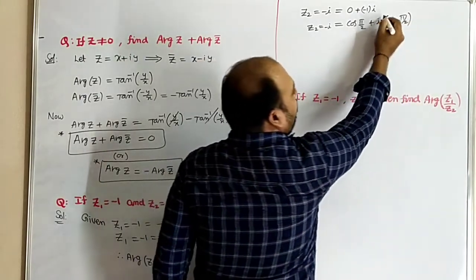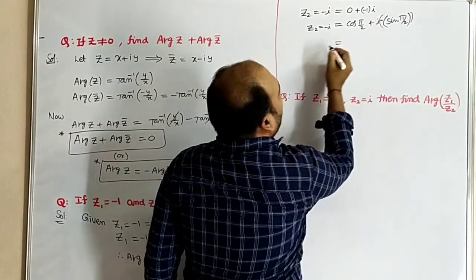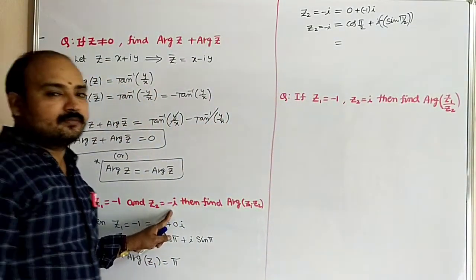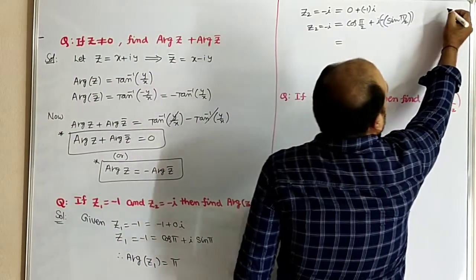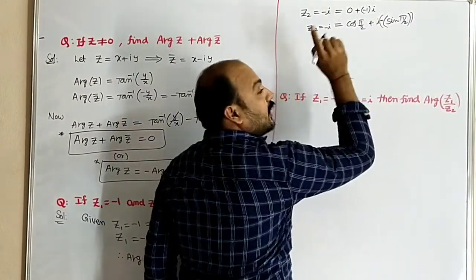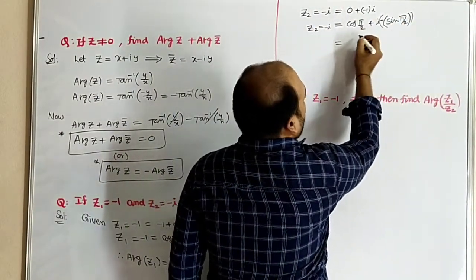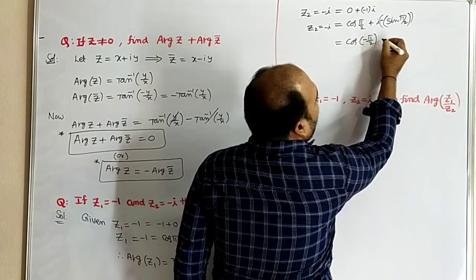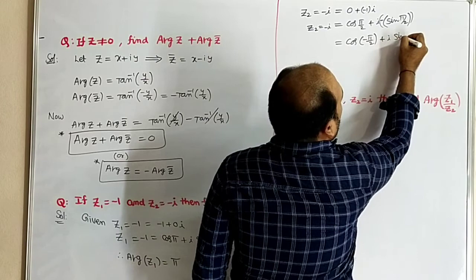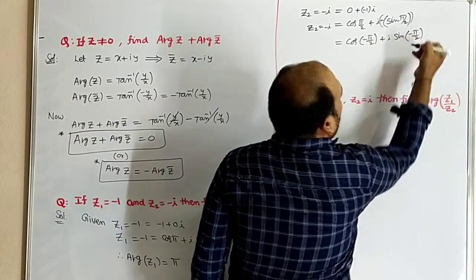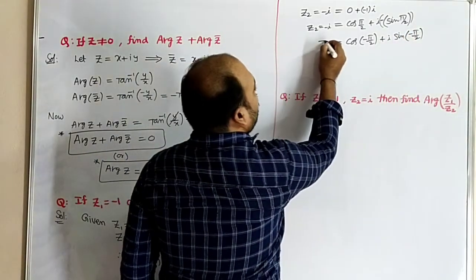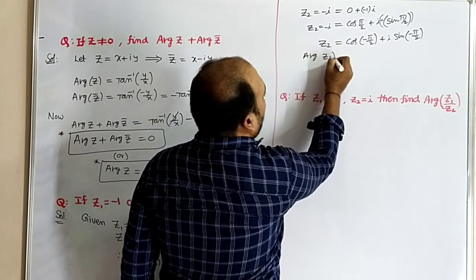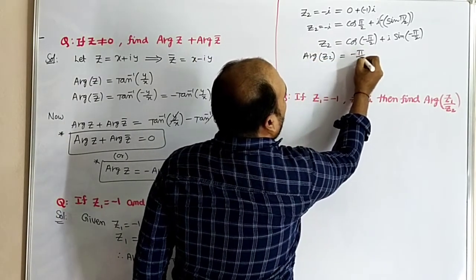But here the complex number minus i, that means 0, minus 1, so the angle is minus pi by 2. We can express it as cos of minus pi by 2 plus i into sin of minus pi by 2. So the argument of z2 is equal to minus pi by 2.